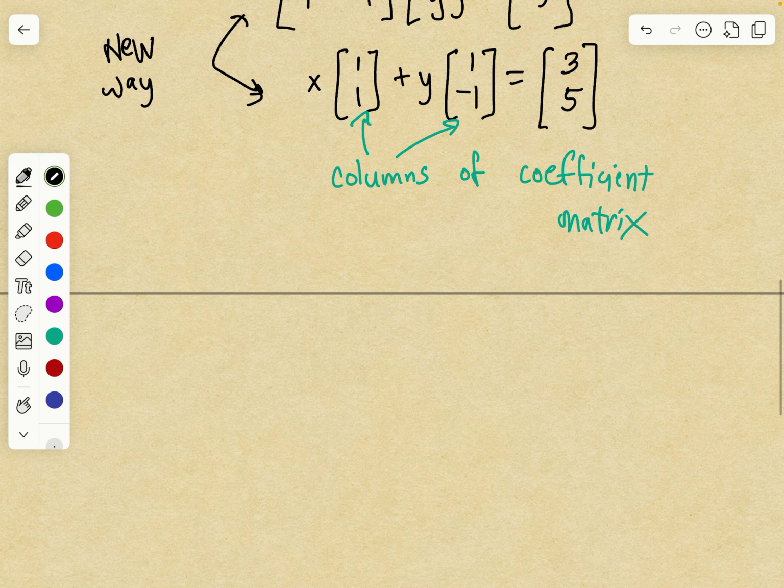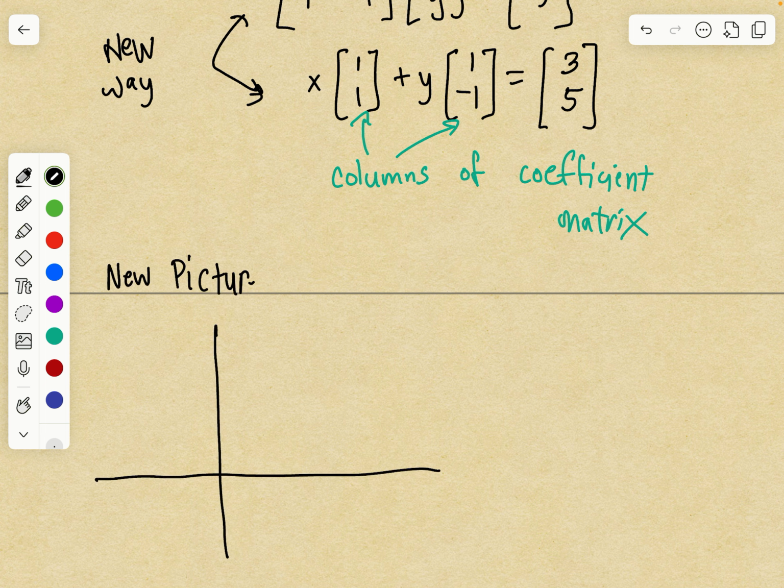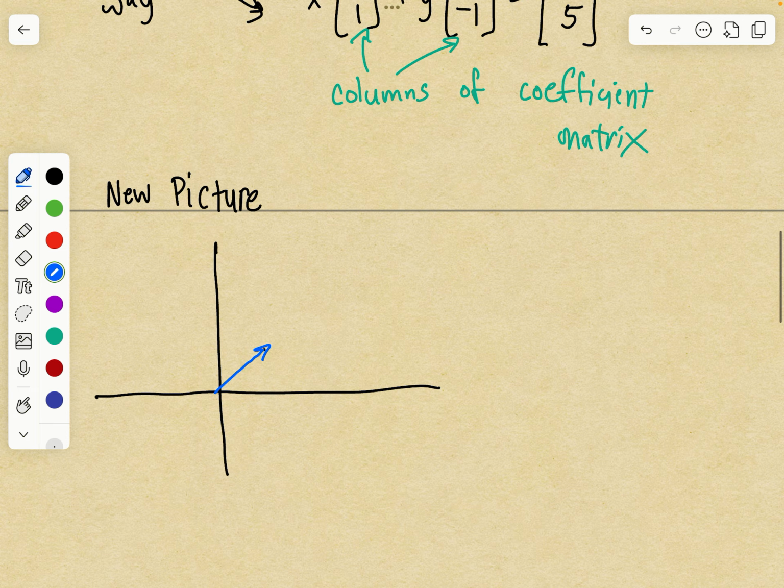So now the new picture is this. I'm about to draw it. You have the vector (1, 1), I'll do it in blue, and you have the vector (1, -1), I'll do it in green.